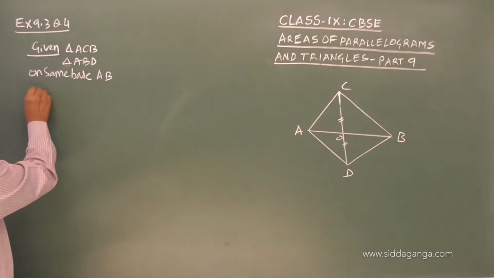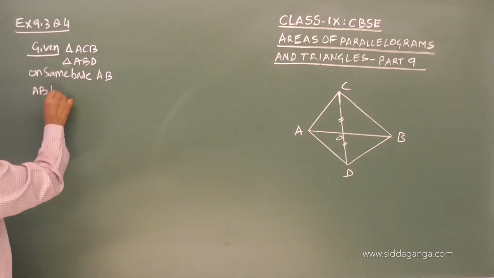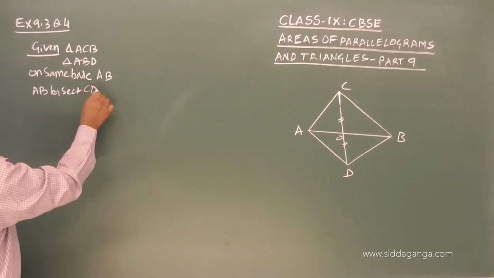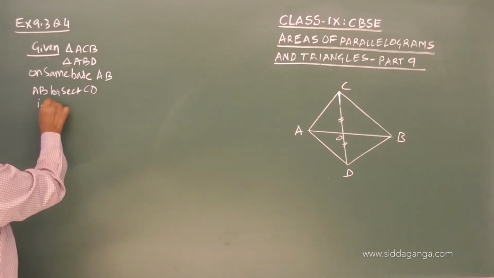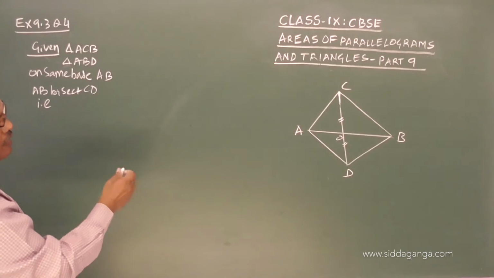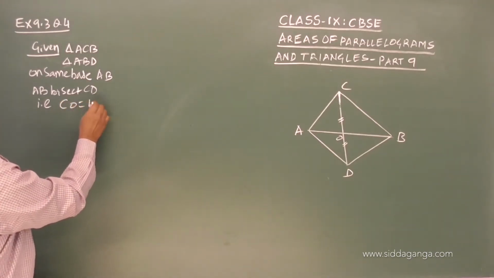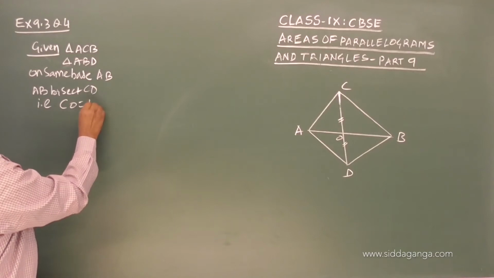So AB bisects CD, that is CO equals DO or OD.